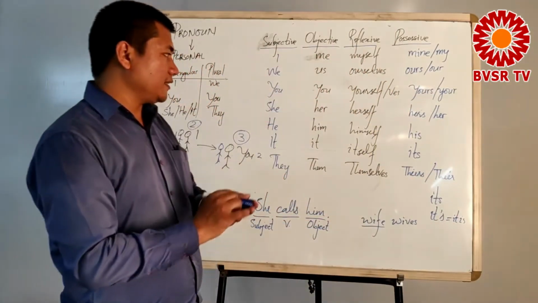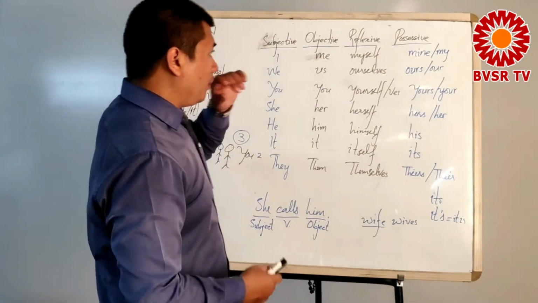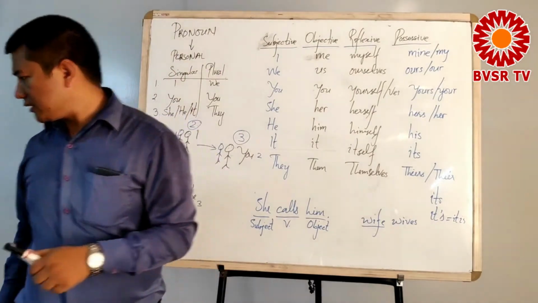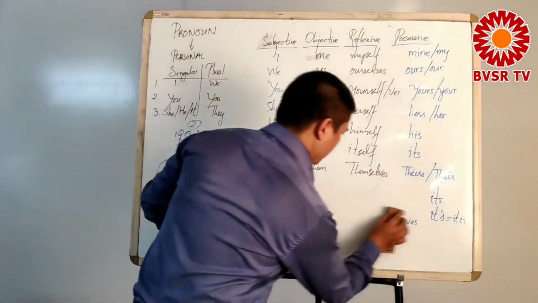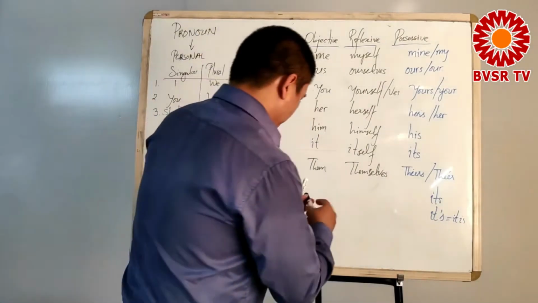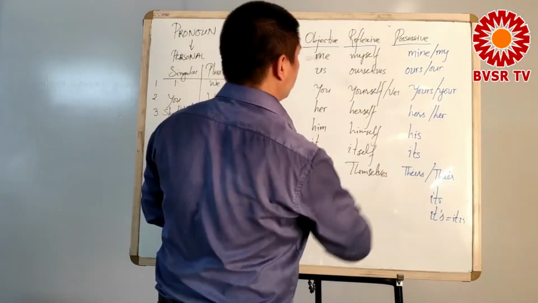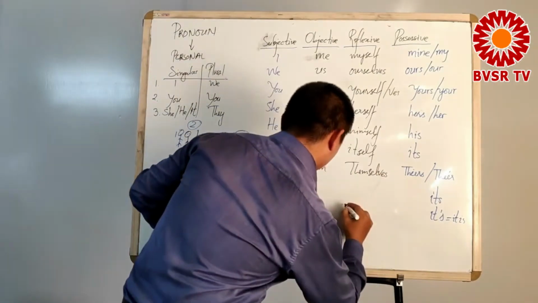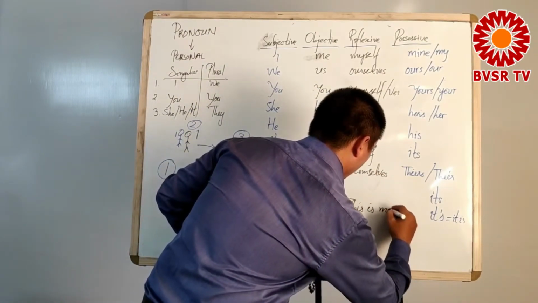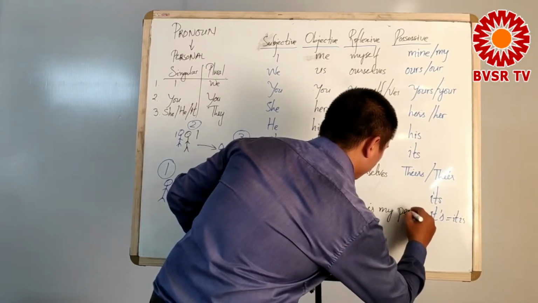Now let us make sentences with the possessive. I'll make a small sentence and say, this is my pen.